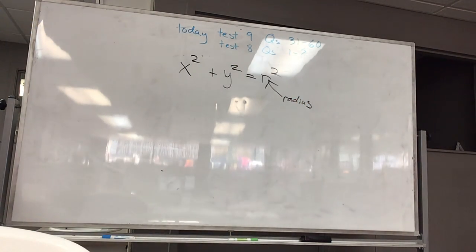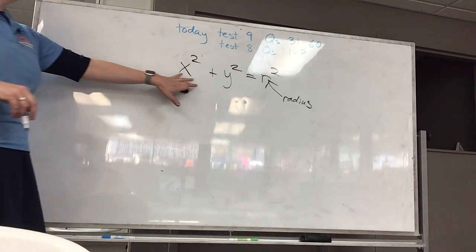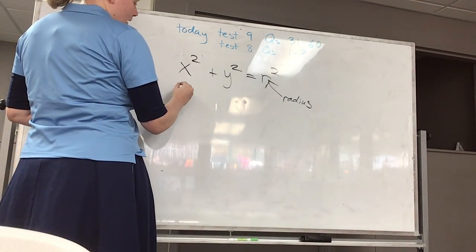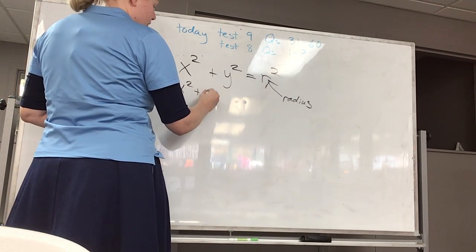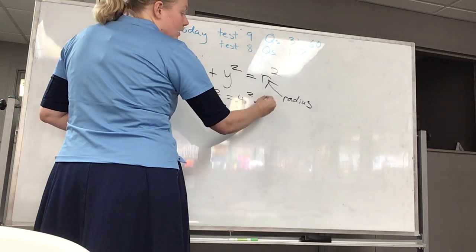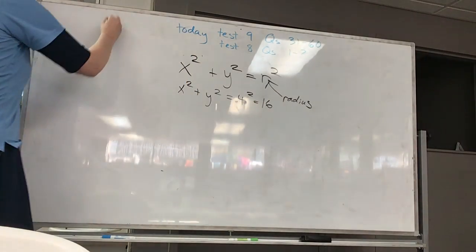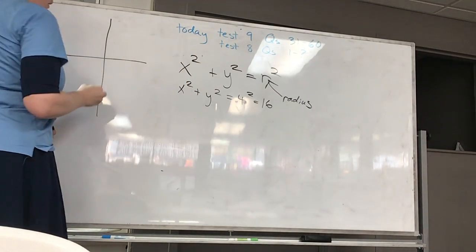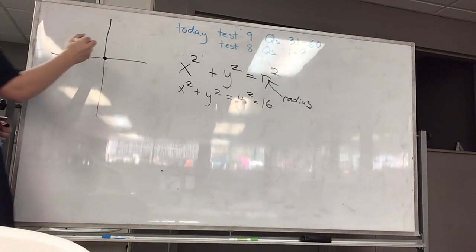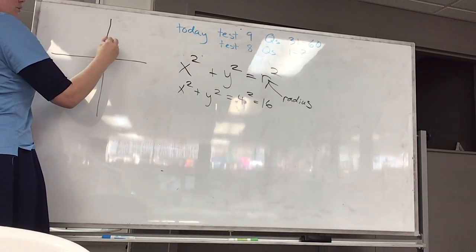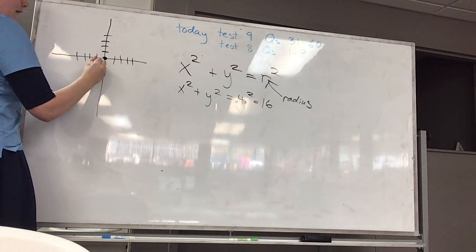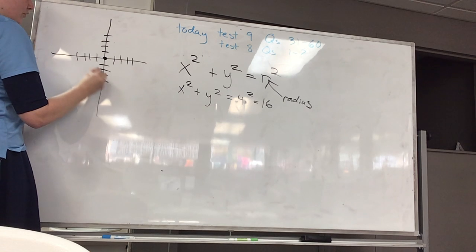If we have just this setup, and I say, okay, x squared plus y squared equals 4 squared, or it might be written as equal to 16, it's going to be centered here at the origin, and the radius is going to be 1, 2, 3, 4 in all directions.